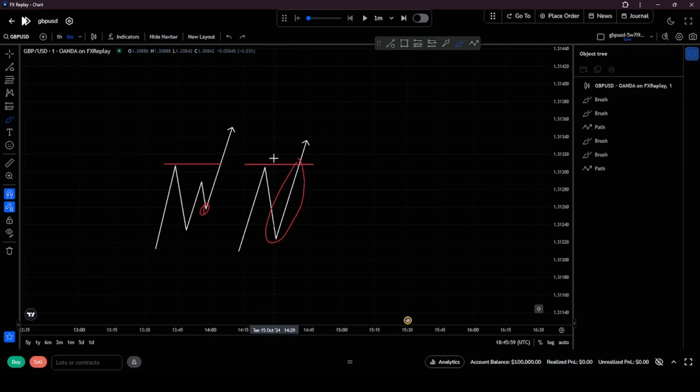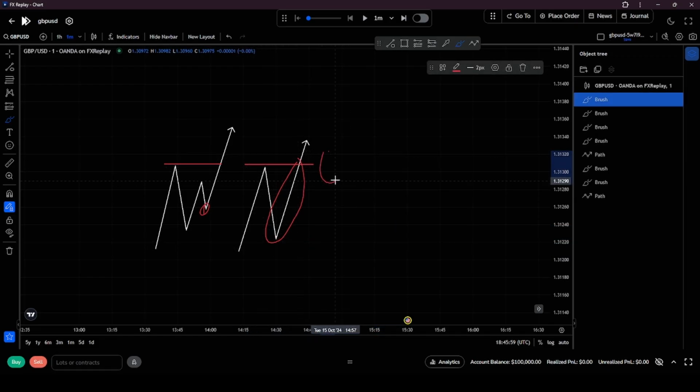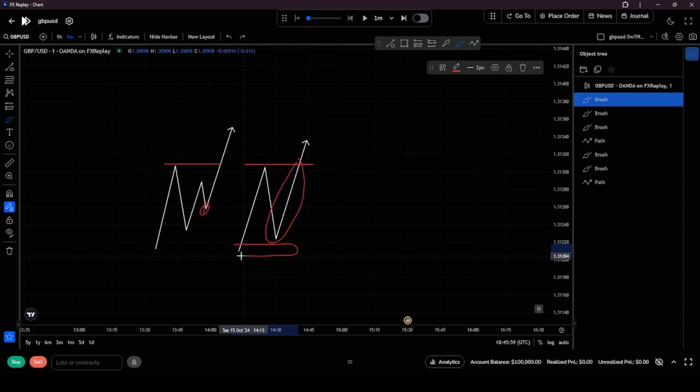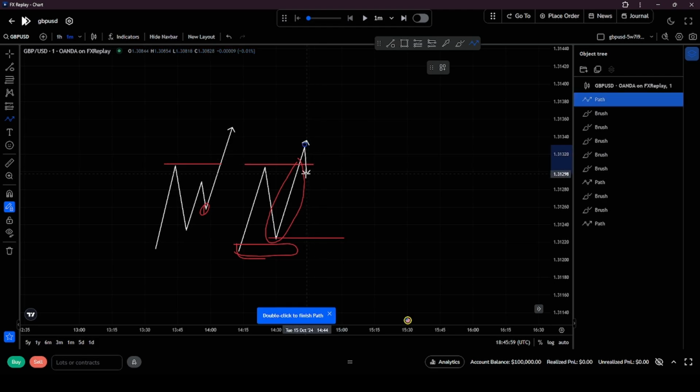So this is a fake break of structure. So we will have a POI just beneath this major inducement. Price will then come back, mitigate the POI, and then head out.